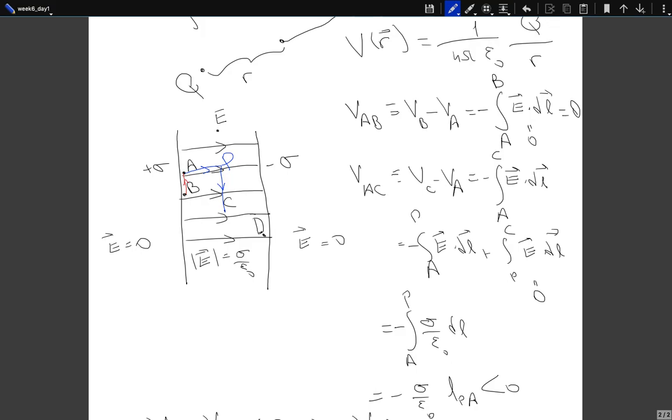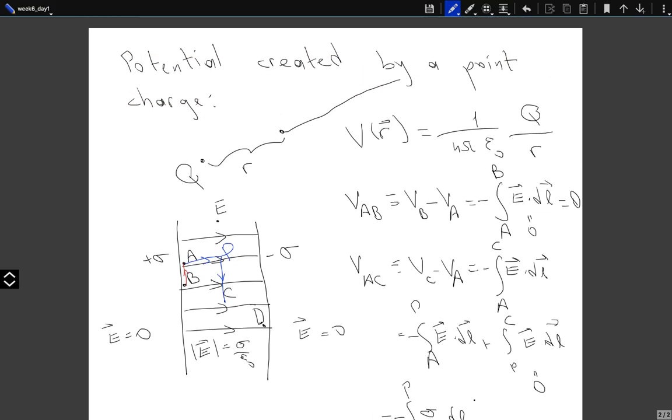Well, you could in fact have said that, let's imagine we have a positive charge, and I move that positive charge from C to A. I hold that charge. I take that charge from C to P, and then from P to A. Do I do positive work or negative work? As I go from C to A, do I do positive or negative work?